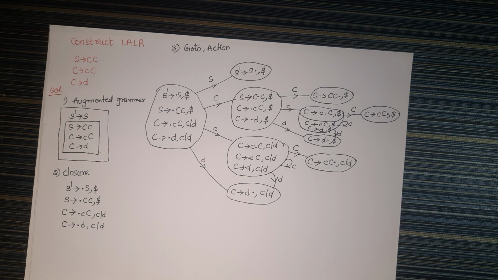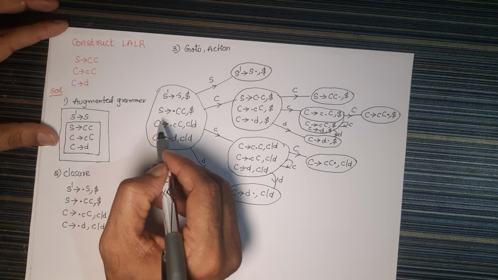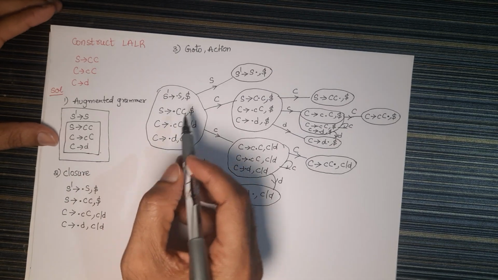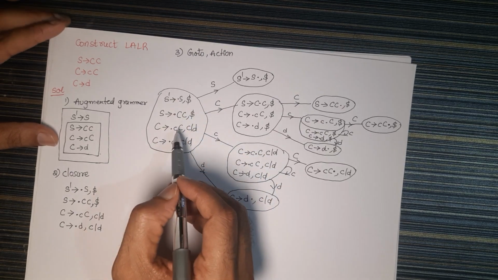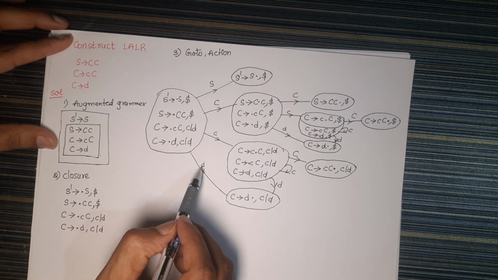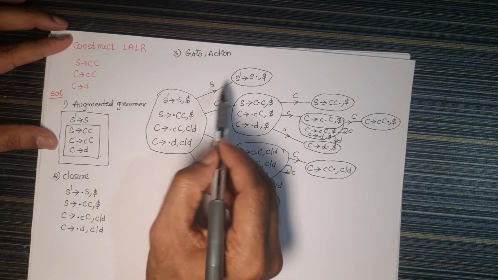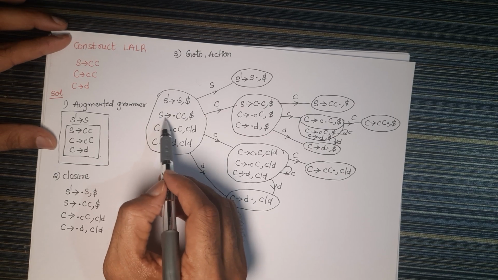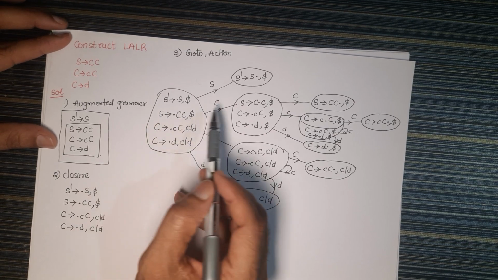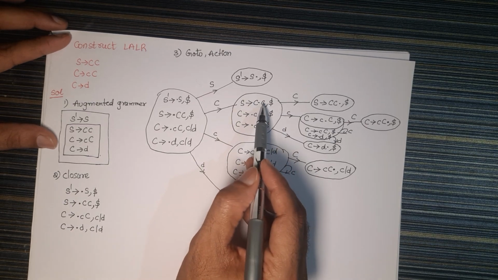Let me explain again how to find out this value. First we added the closure values. This is a closure value. First we need to find the value of capital S, capital C, small c as well as small d. When you find capital S, the value will become S tends to S dot comma dollar. So it is here S tends to dot CC will become S tends to C dot C, and after that we have C there.